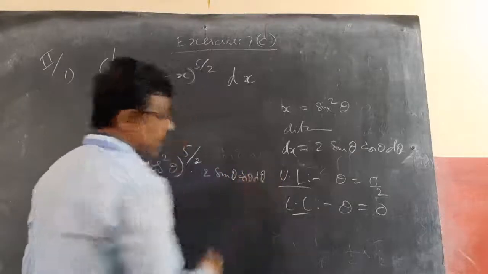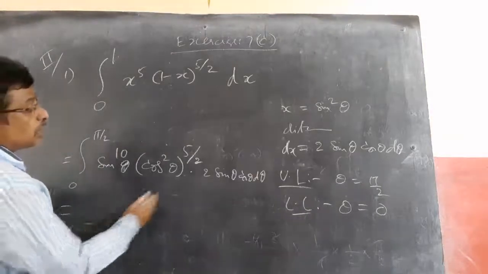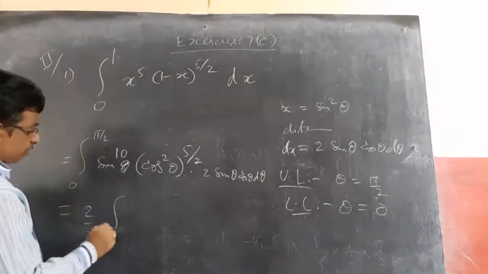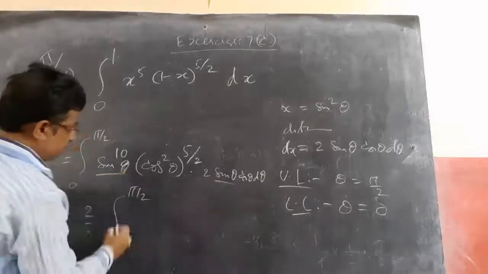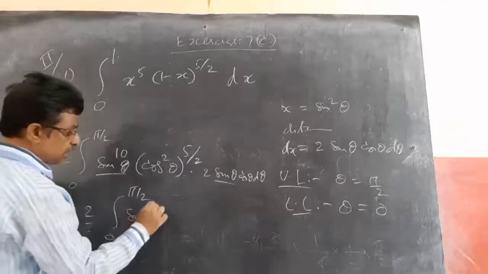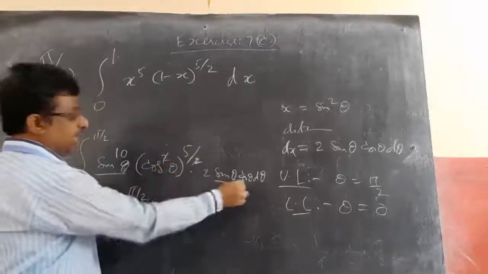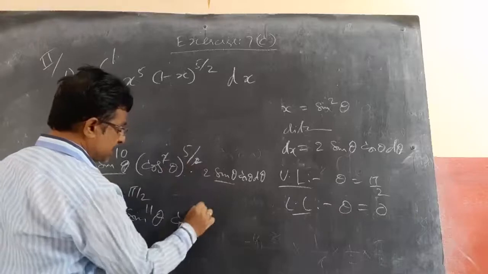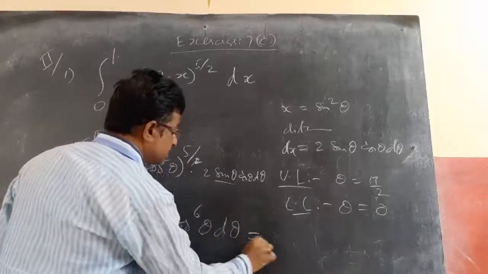Now 2 comes outside, and left out is 0 to pi by 2 sin power 10 into sin becomes sin power 11 theta, into cos power 5 theta into cos theta, which is cos power 6 theta d theta.